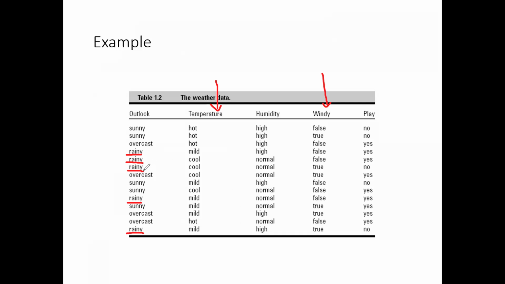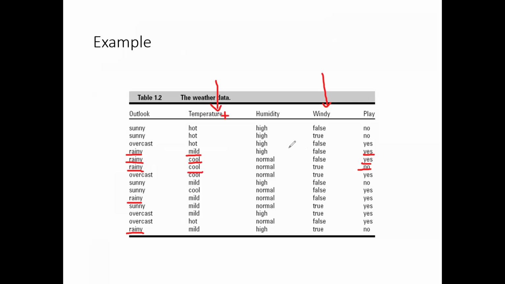So if you look at these values, mild, it says yes, temperature. Then cool, yes. Cool, no. You can see it's not pure classification, right? So I don't think this will work.